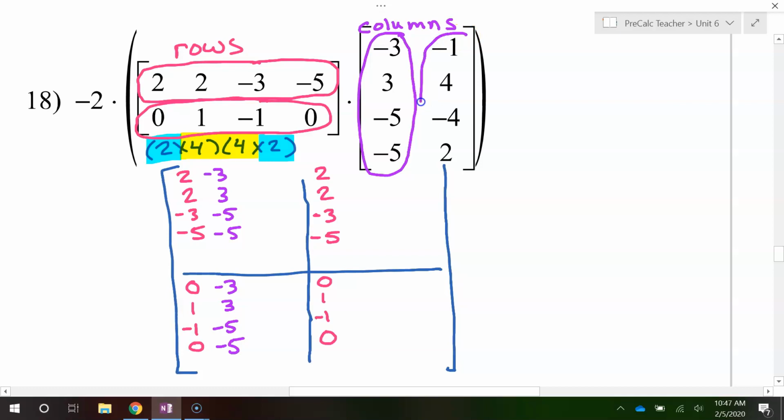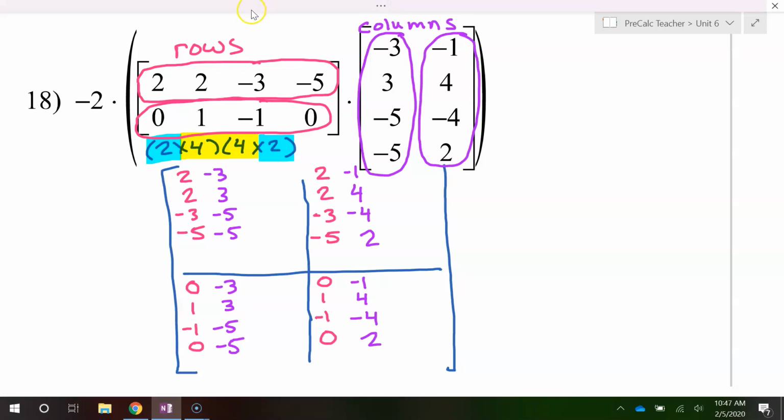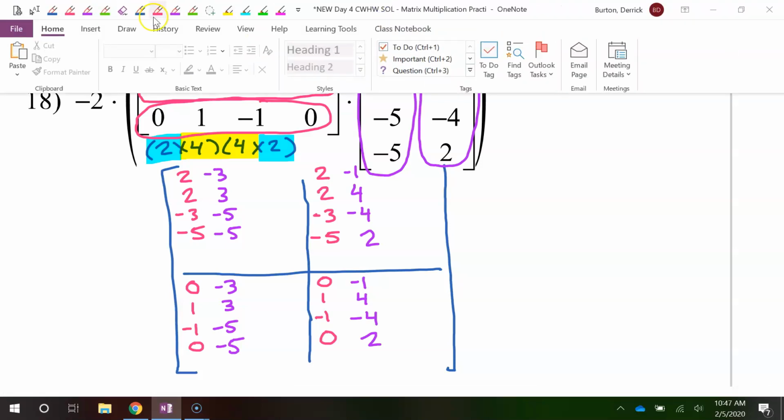And column 2 goes down column 2. Next, we need to multiply each of these pairs.